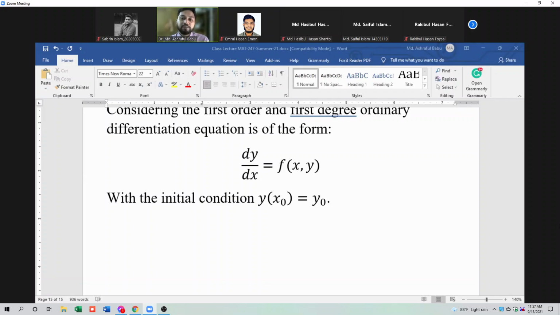So h is the interval of differencing. That is the value we use for Euler's method. We increase our domain by h, so the increment of the domain is h.